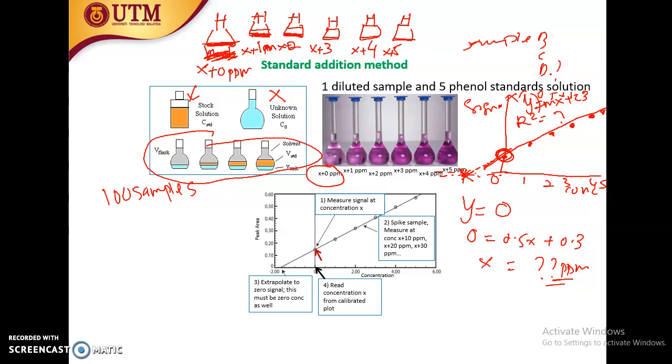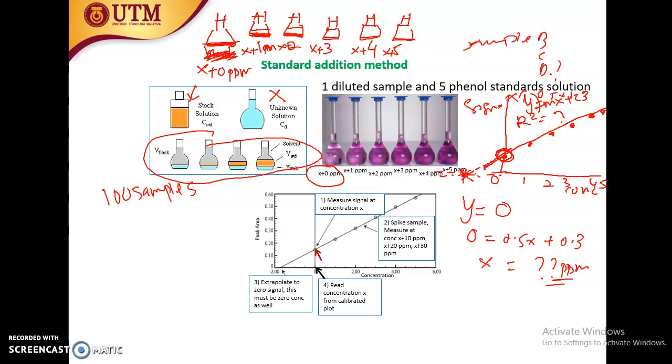Okay, now we already cover the 2 types of calibration curves. The first objective of a calibration curve is to know how much X is inside the sample.